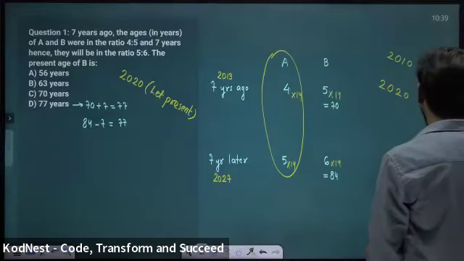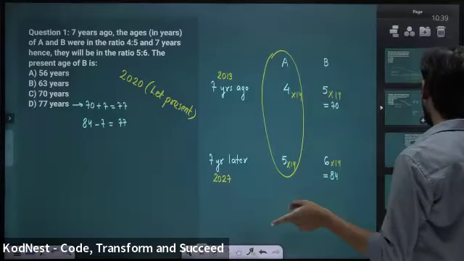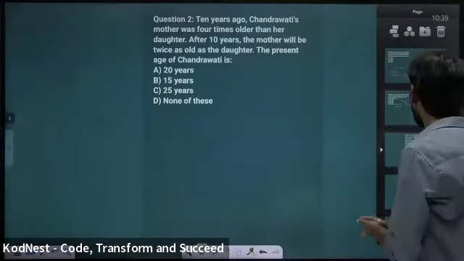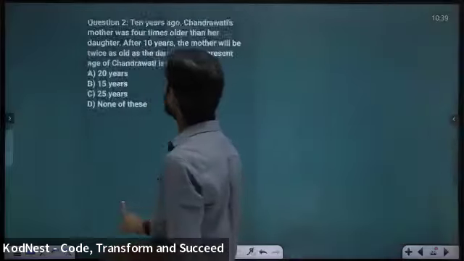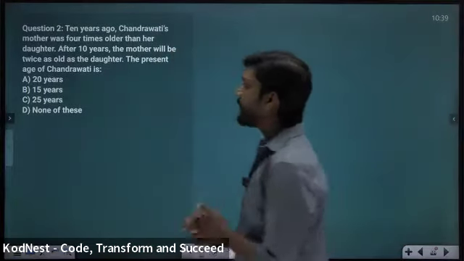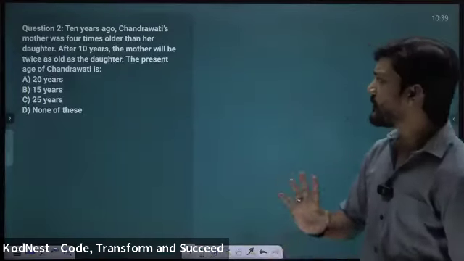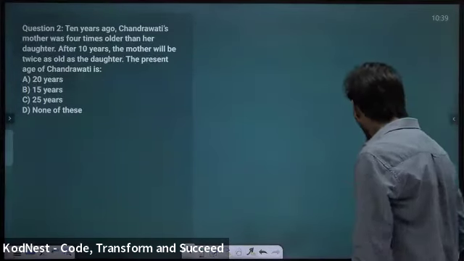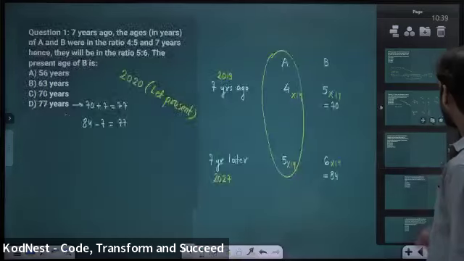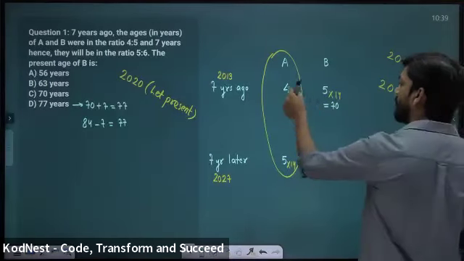All right. Now, let's take one more question, exactly similar. Only values have been changed. Please try this question. Don't change the approach. The first thing you will check is, my dear, 4 and 5.